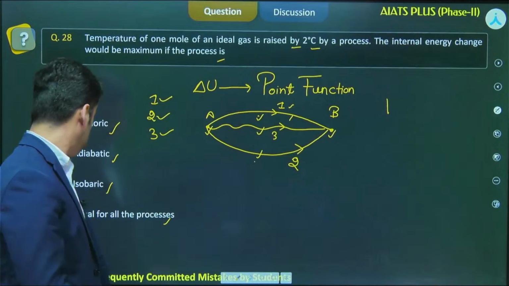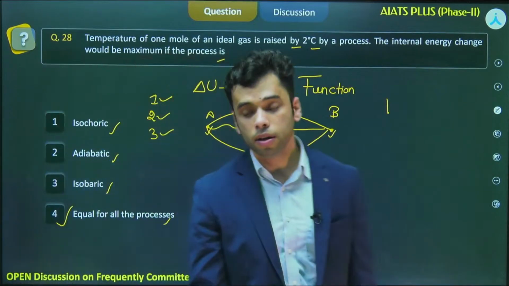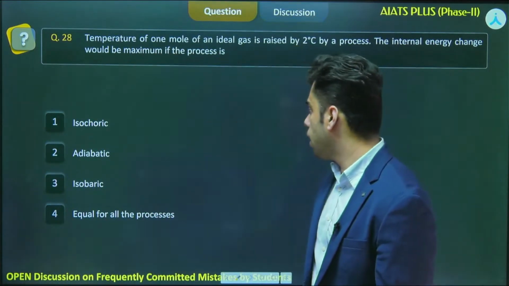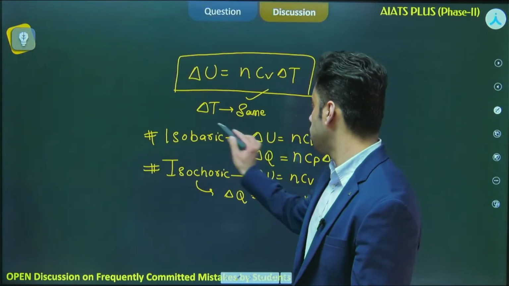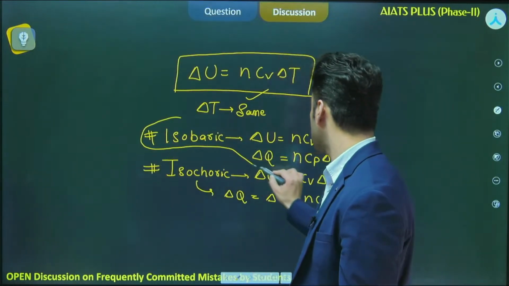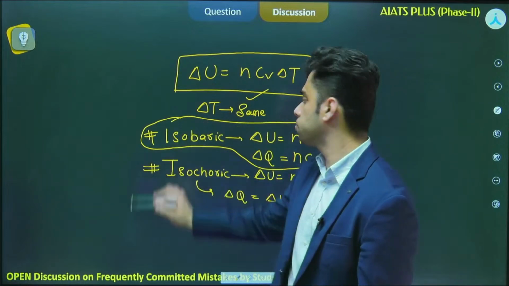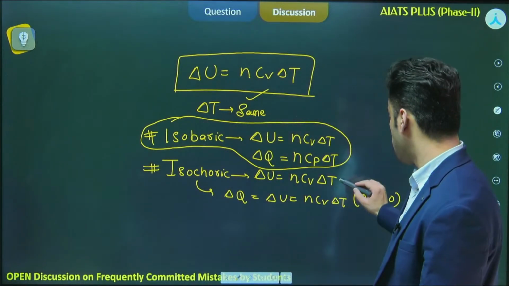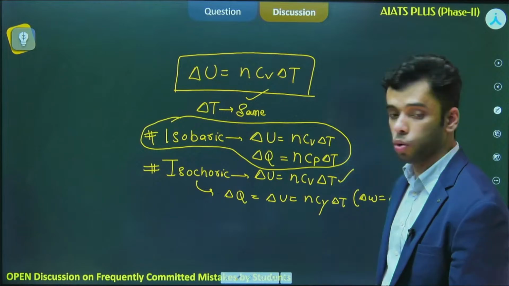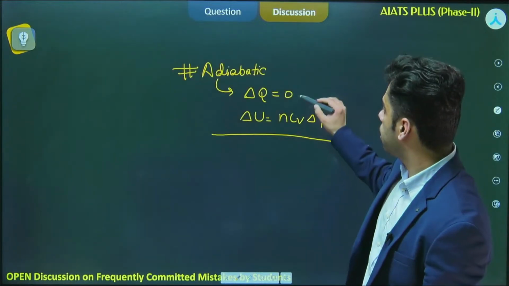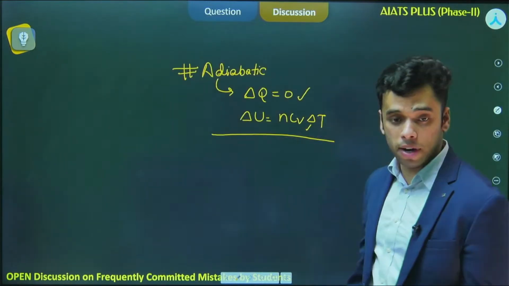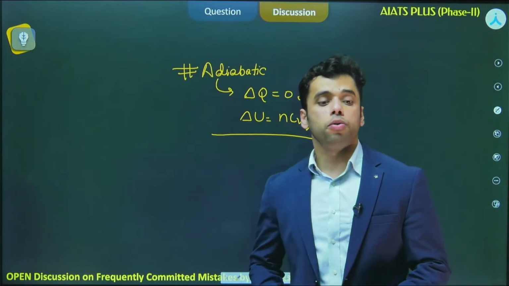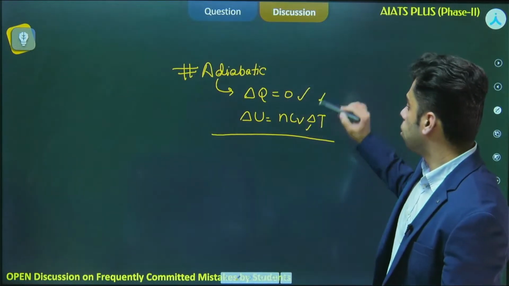Correct answer is option 4, that is equal for all the processes, right? And you can have a look at how we write delta Q and delta U for isobaric, isochoric, and adiabatic processes. Simple. That is what you need to remember to solve this problem, right?